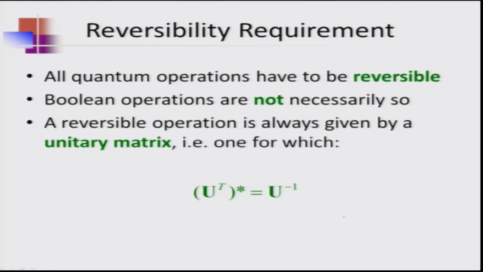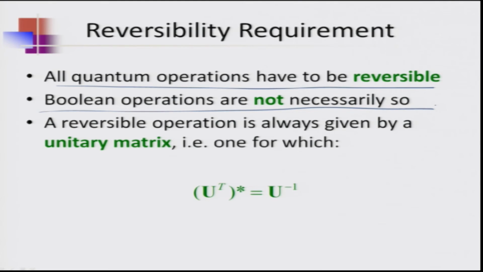Now, the reversibility requirement is something we have been doing, but this is the point where we should look at it. Since all the quantum operations have to be reversible, we have this principle that our gates have to be designed in a particular way so that they are always reversible. This is not true for the classical case, and that is what is written in the next item, which is that Boolean operations are not necessarily reversible.